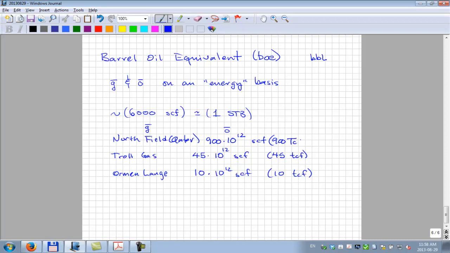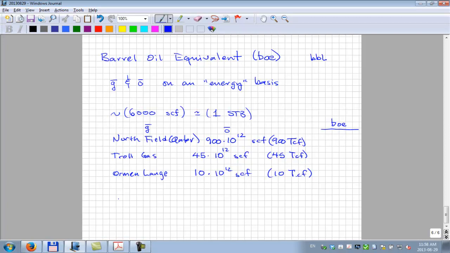That should actually be a capital T there, I'm sorry. Okay, so the question is, what is the barrels of oil equivalent for these? Just so we have a feeling.